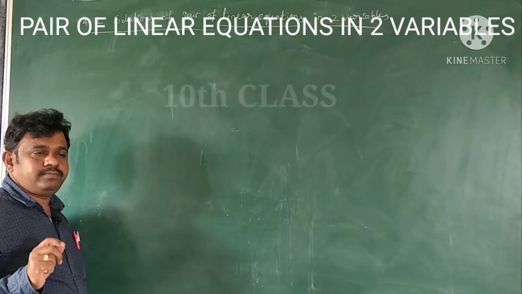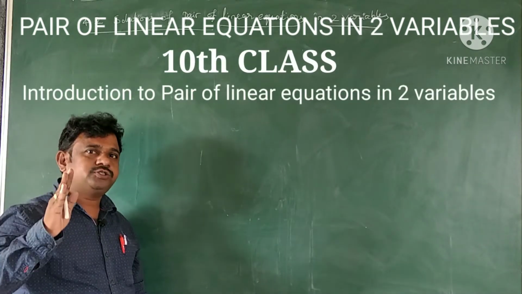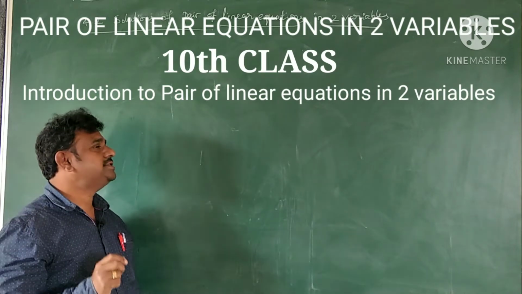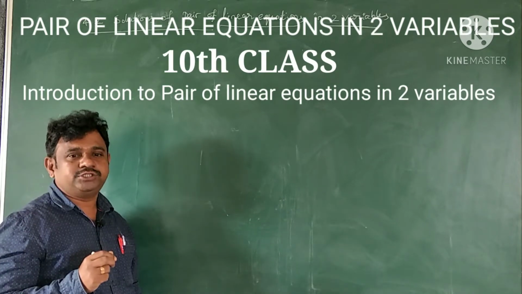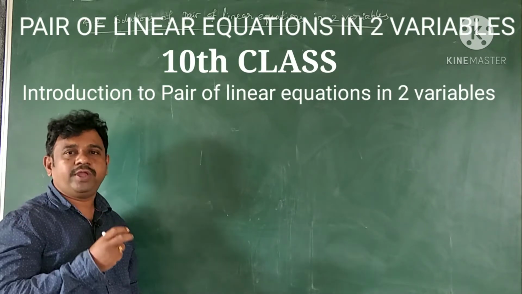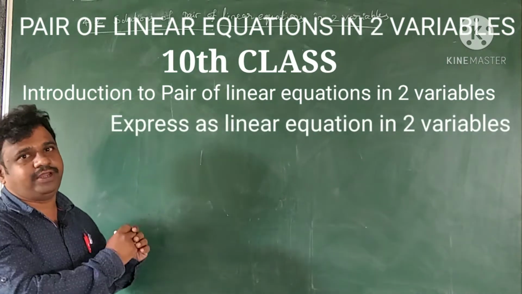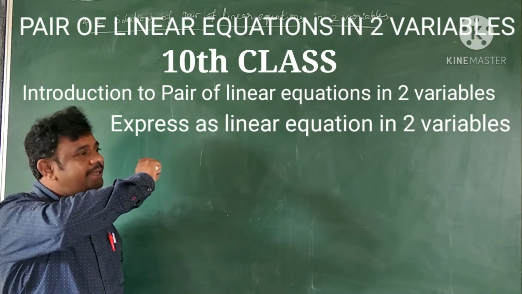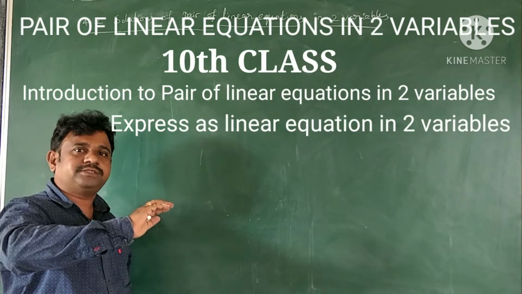Already in our 10th class we have discussed the introduction to pair of linear equations in two variables and types of linear equations in two variables. We also learned that if a situation is given, we have to write a linear equation in two variables in our 9th class.